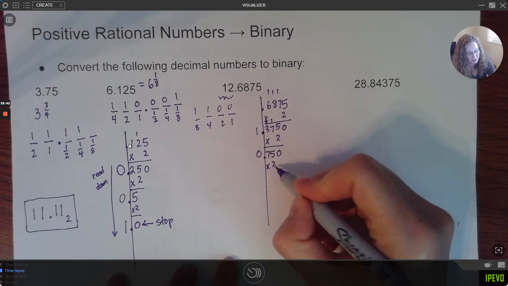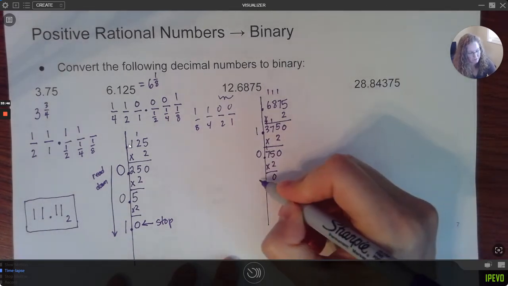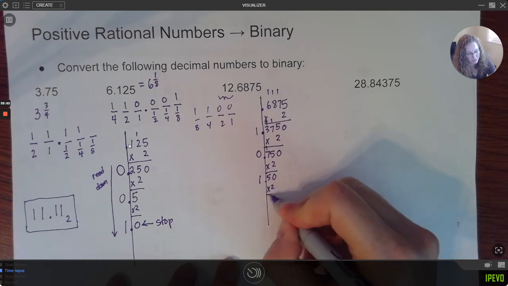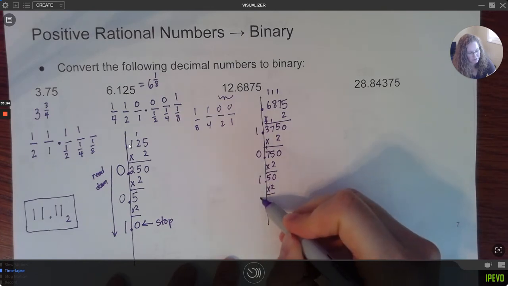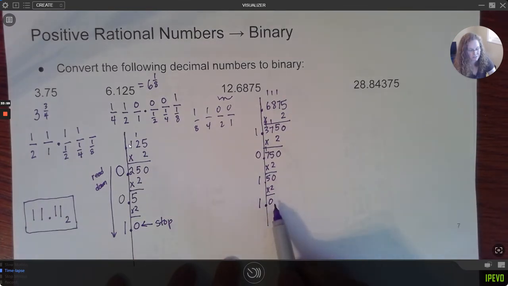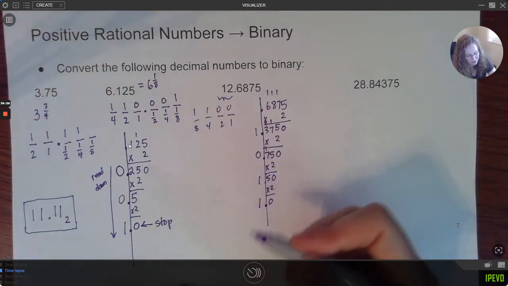Then multiply by 2 again. So that's 10, carry the 1, and 15. So that's 1.5. And then multiply by 2 again. 2 times 0.5 is 1.0. As soon as I see the 0, I can stop. Okay, and so what comes after the binary point, let me rewrite this.